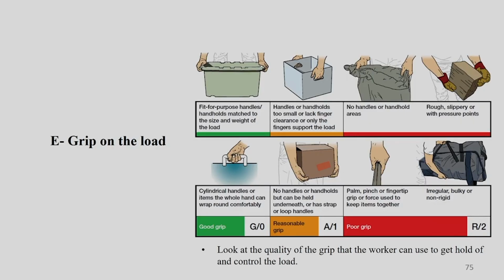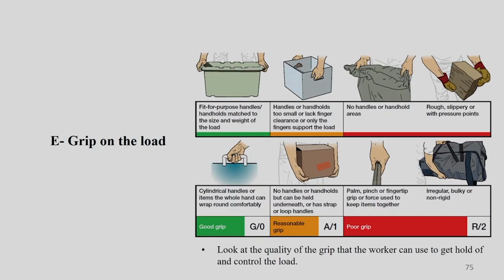So in such cases, if it is small or lacks finger clearance, or only finger support is required to hold that particular object, it is amber. Or in some cases there are no handles or handholds but it can be held underneath, or has a strap or loop handle, somehow you are holding it. That type of case you can give amber or 1, or we can say reasonable grip. Fine.